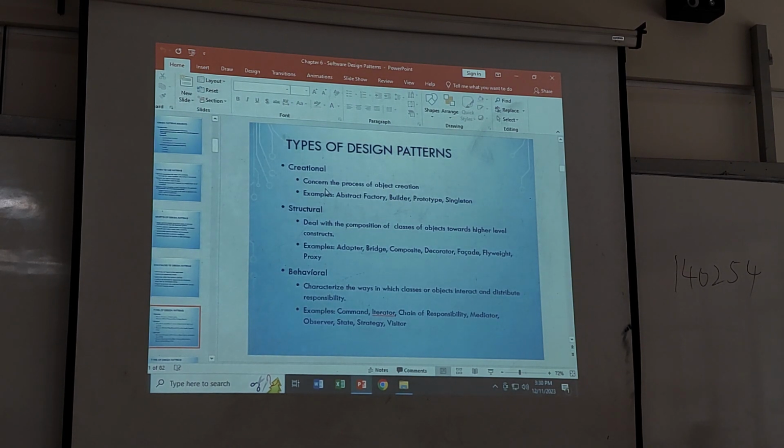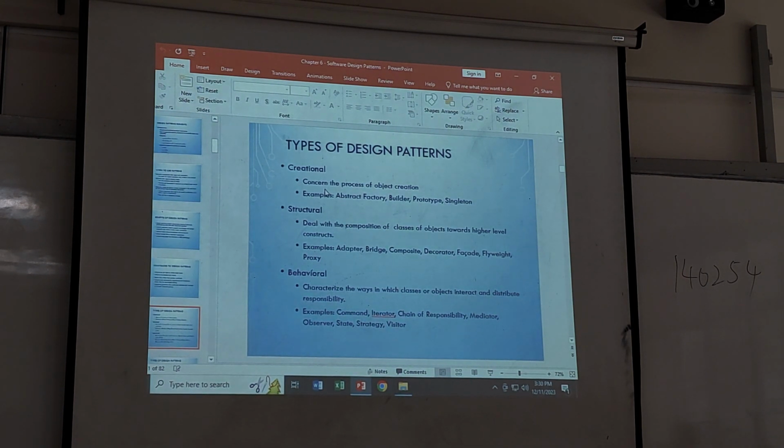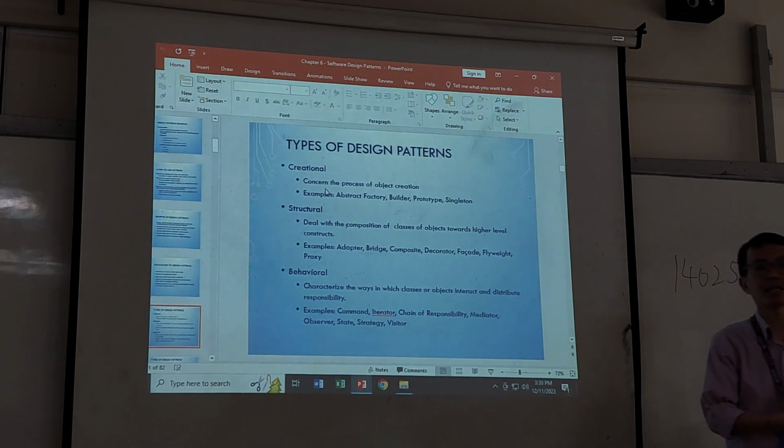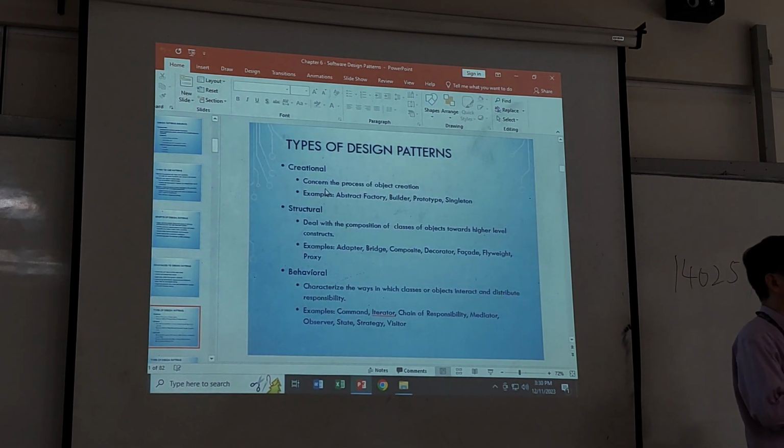Structural is how we are going to use the pattern to build a structure of objects. Okay, so classes of objects. Behavioral is to recognize the way the objects communicate. Okay? So these are examples of patterns that fall under each category, but we are going to discuss these patterns one by one.